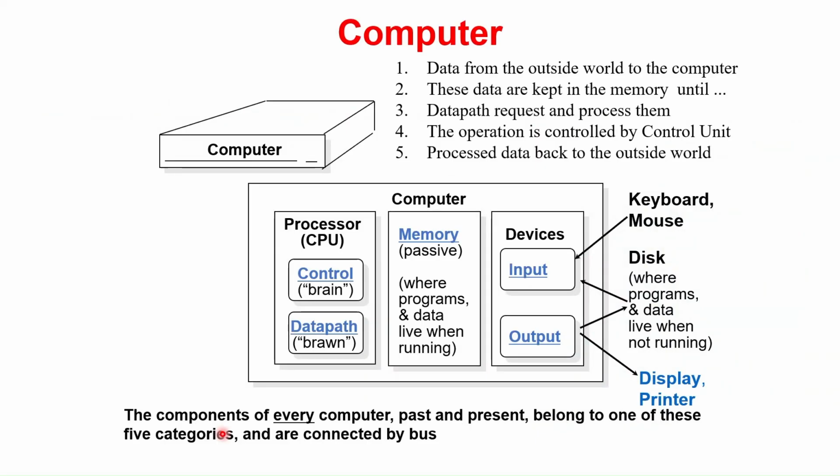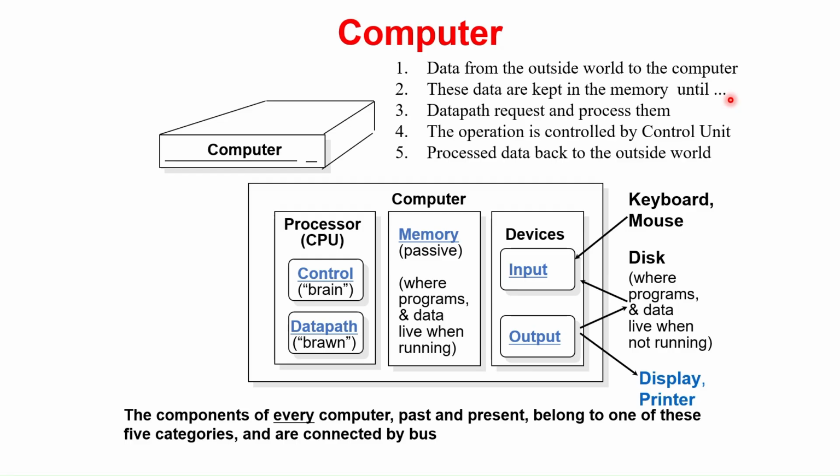This slide shows the complete picture of how a computer system works. I hope that you are already familiar with all those components and the processor. So let's briefly start with the flow of data. First, data enters the computer from the outside world through input devices like the keyboard or mouse. Then this data is kept in the memory until it is required.